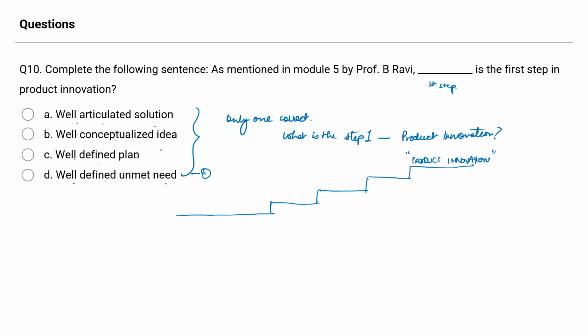It starts, and the options given to you are well articulated solution, conceptualized idea, well defined plan, and well defined need. And the choice given by one learner is well defined unmet need.